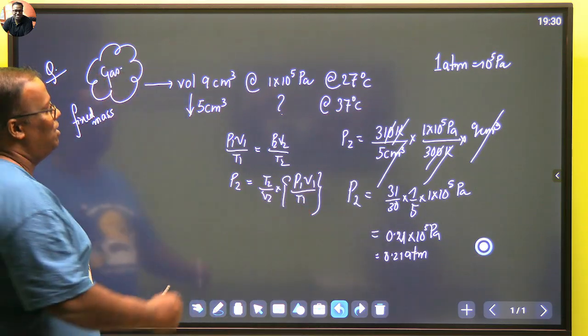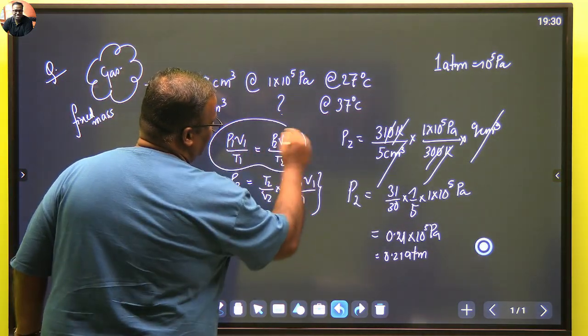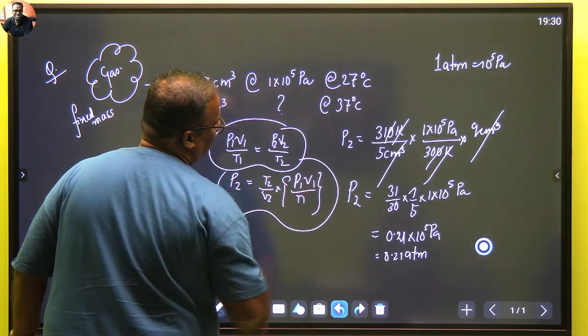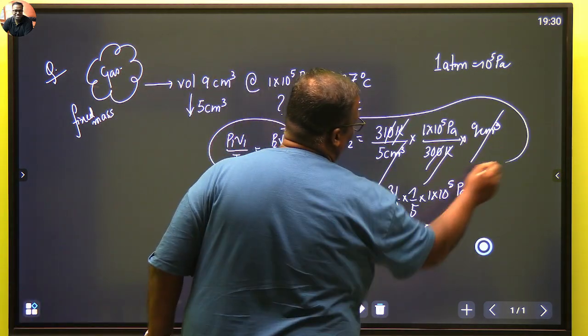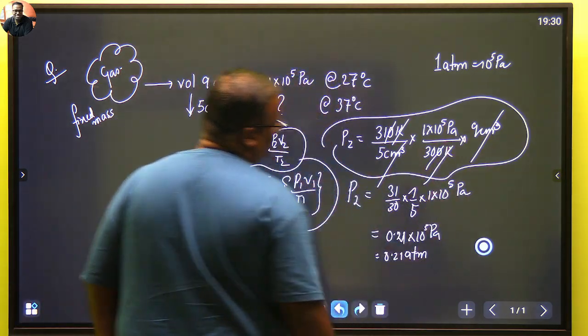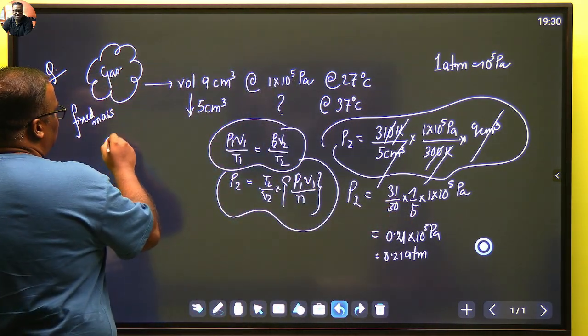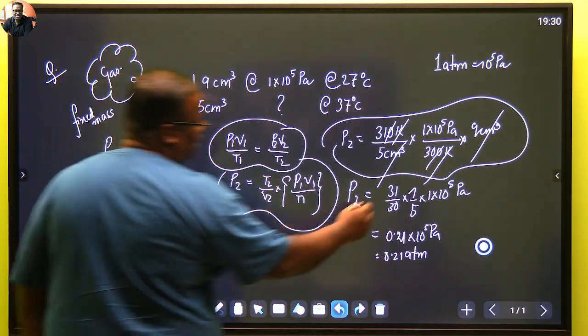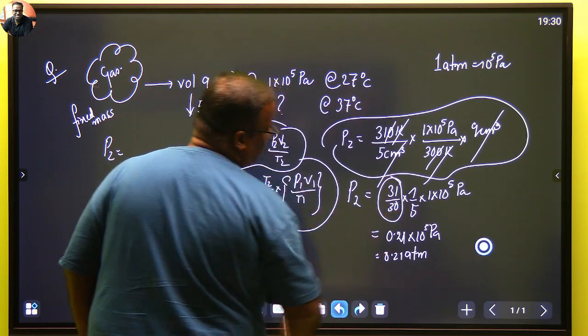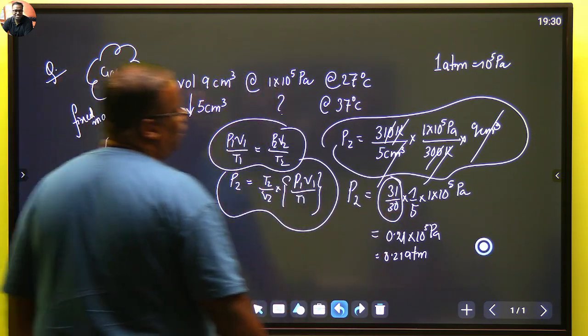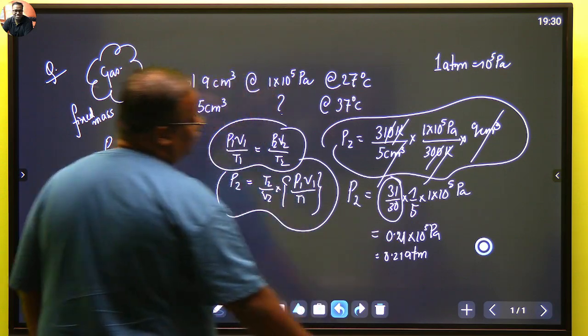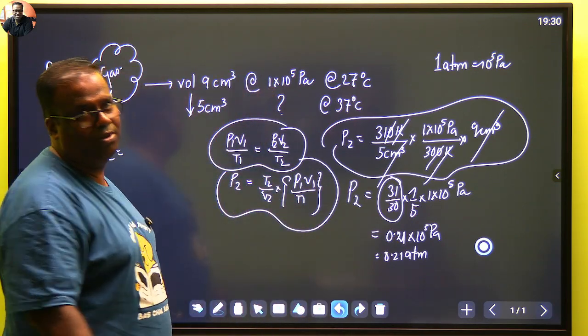So first, this is your main formula. This is your adjusted formula. This is your substituted value. Make sure you write your units. Then the whole thing comes to this. This is what P2 is equal to. I am saying this fellow should be approximately 1, marginally over 1. 1 divided by 5 is 0.2. So 0.2 into 10 to the power 5.